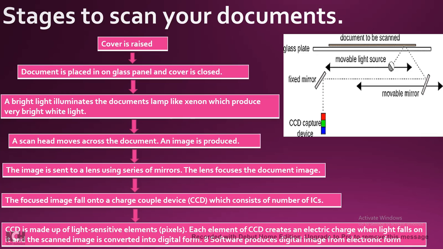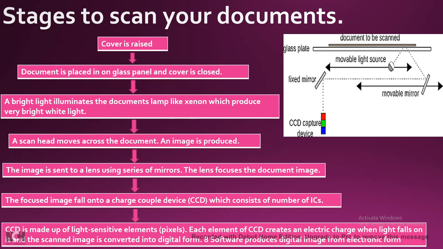So basically the CCD converts light into electrical charges, which it then sends to your computer. Now the focused image falls onto a CCD, and the CCD is made up of thousands of light sensitive elements, we can say pixels.